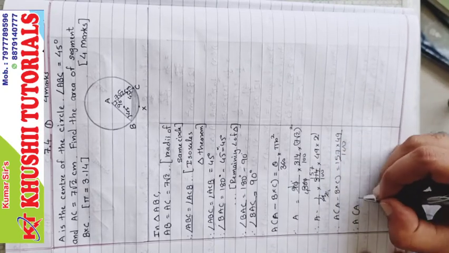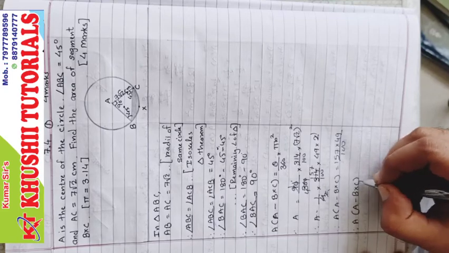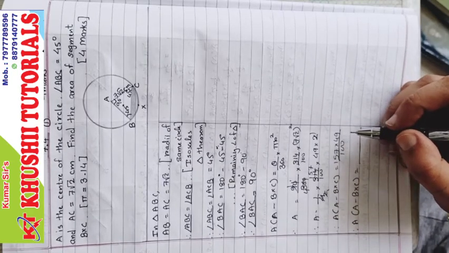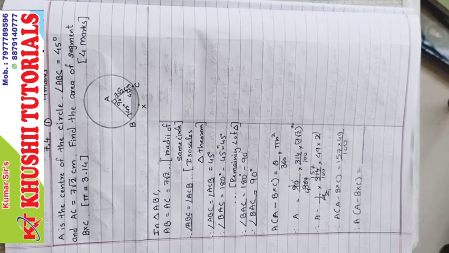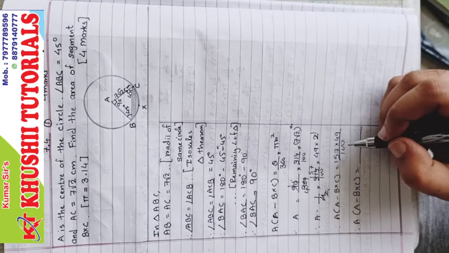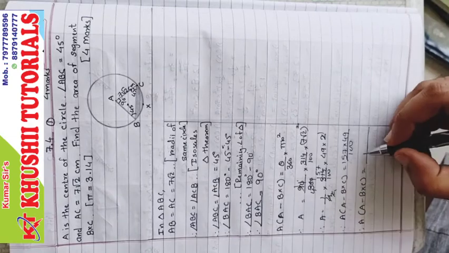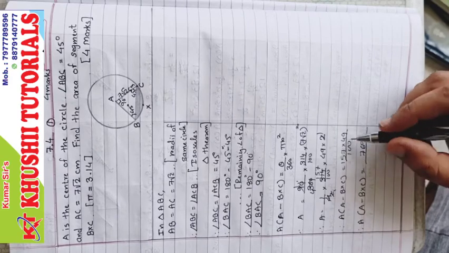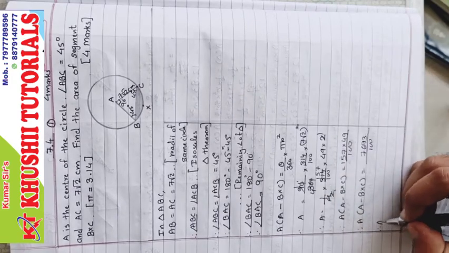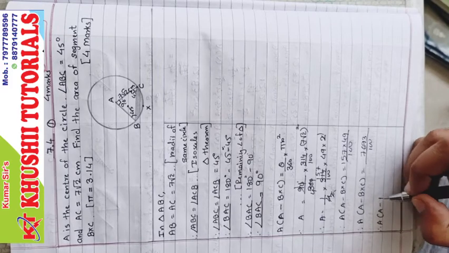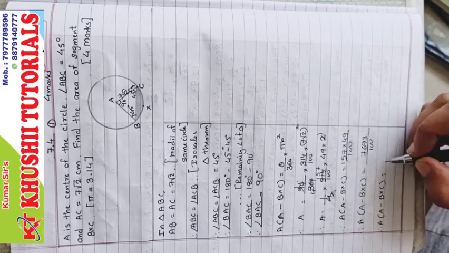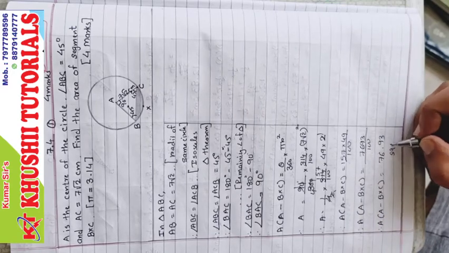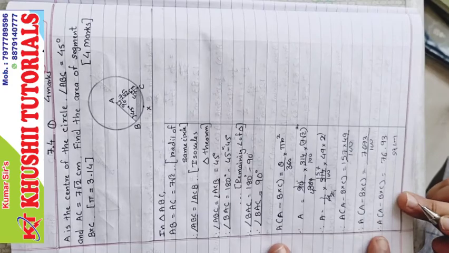Now the product of 157 into 49, that we need to do now. 157 into 49, 7693 is the product of these two numbers, upon 100. Therefore area of sector BXC equals 76.93 square centimeter. This is the area of sector.